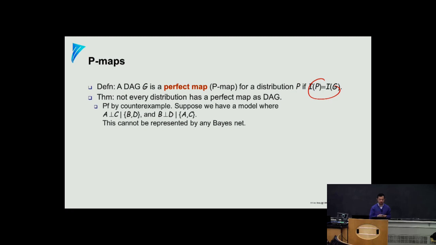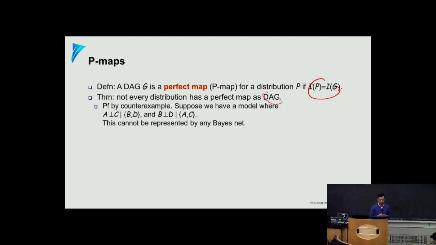Maybe the other question we'll ask is, for any set of independencies, can I imagine that there is a directed graphical model that is a perfect map? The theorem says it is not.